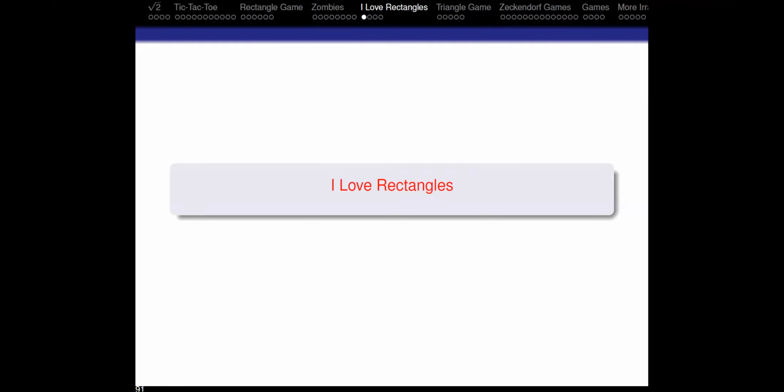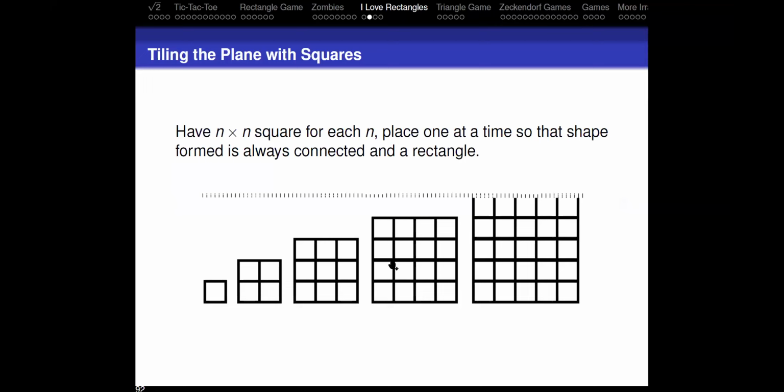And so in the I Love Rectangle game, you start off with a 1 by 1, a 2 by 2, a 3 by 3, a 4 by 4, 5 by 5, and so on and so on. You have exactly one copy of each square. If you can place two of these squares down, you can't put one on top of the other. They have to be on the plane touching, such that their shape is a rectangle.